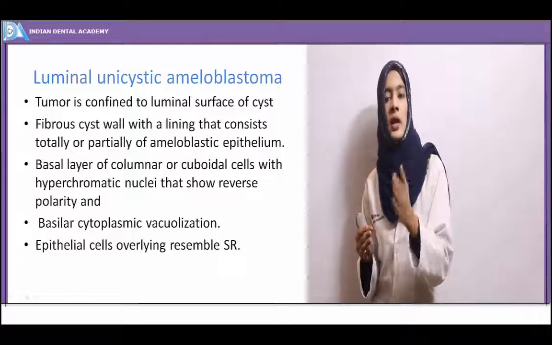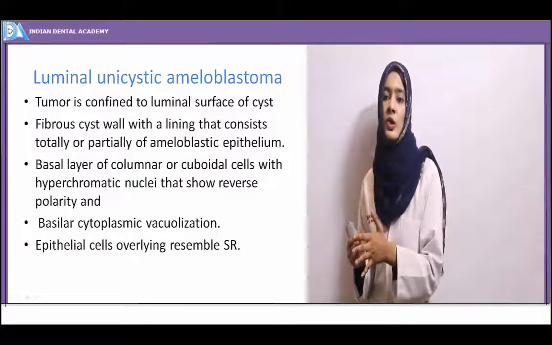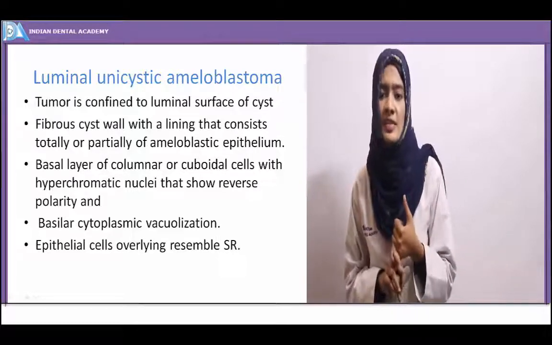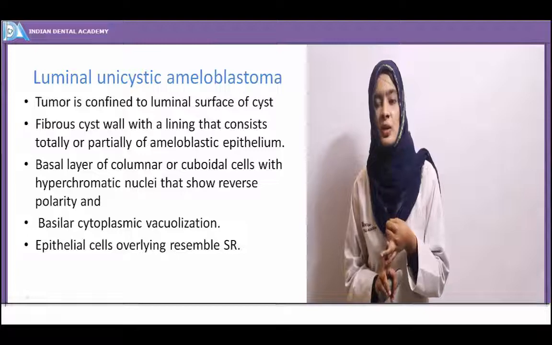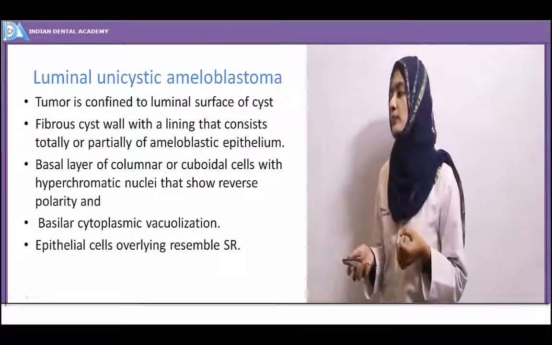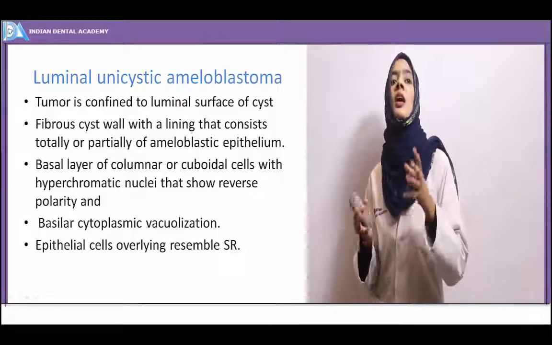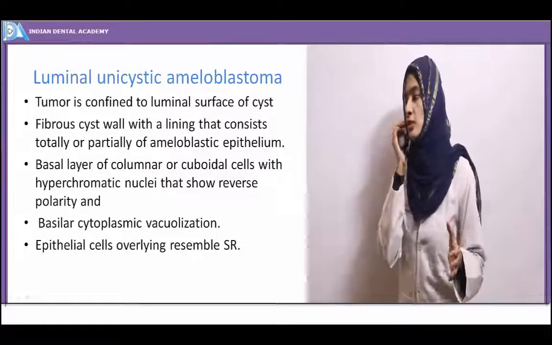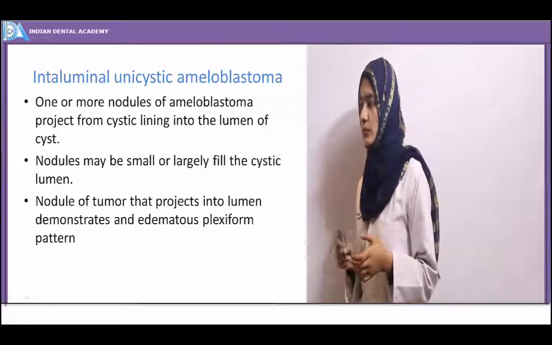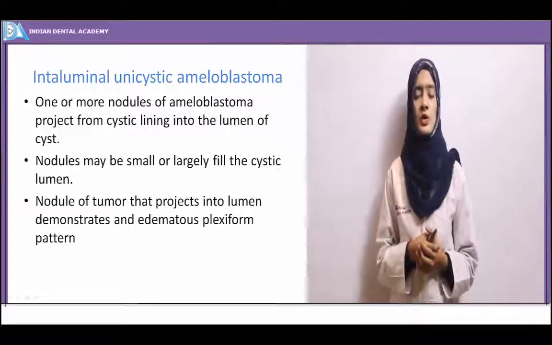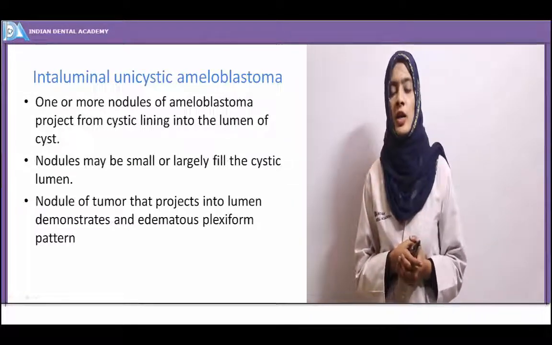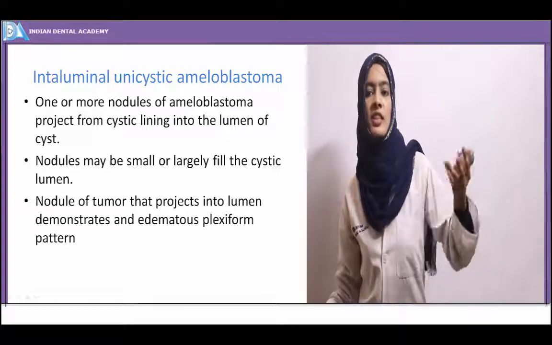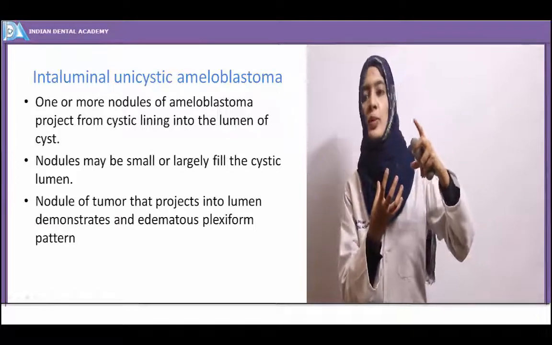The epithelial cells present in the fibrous cyst wall appear to resemble stellate reticulum like cells. So again, the characteristic appearance of ameloblast like cells and stellate reticulum cells is diagnostic here. The only thing is that there appears to be a cystic lining or cystic wall present. In intraluminal unicystic ameloblastoma, one or more nodules of ameloblastoma project into the cystic lumen.